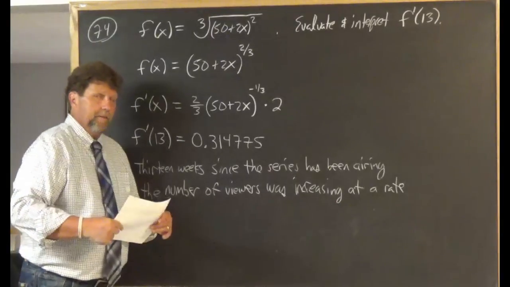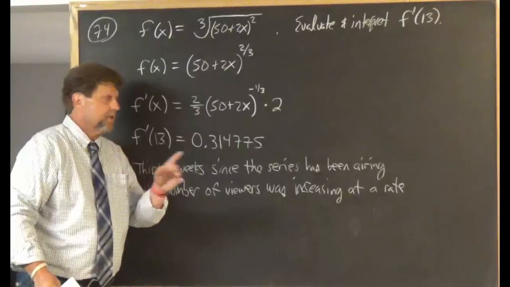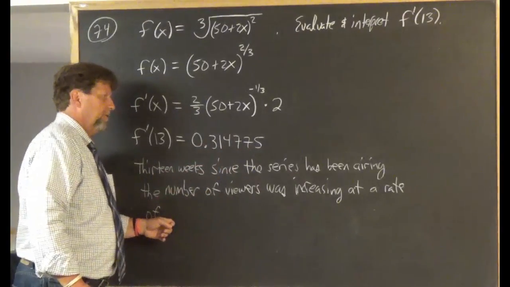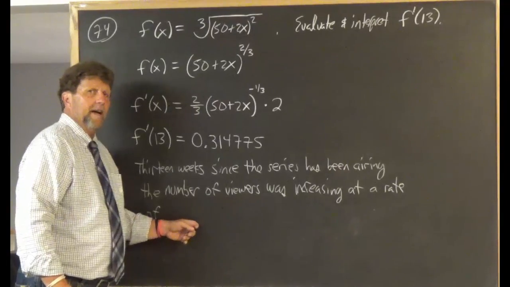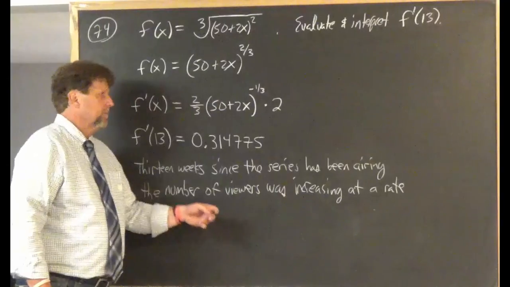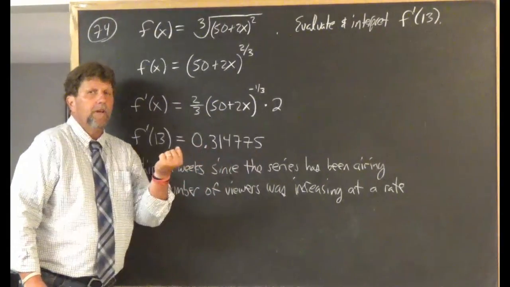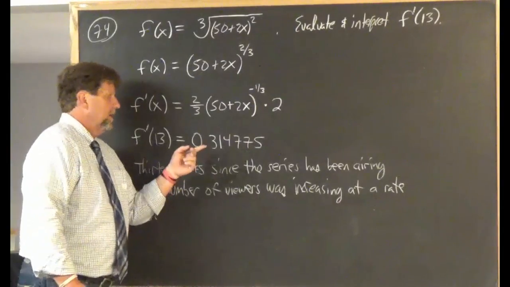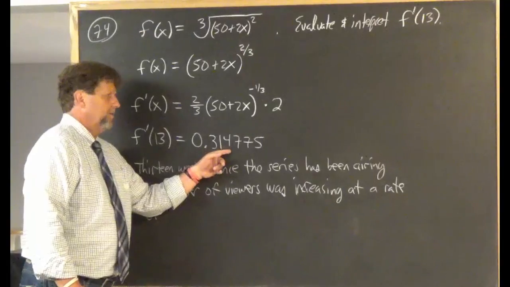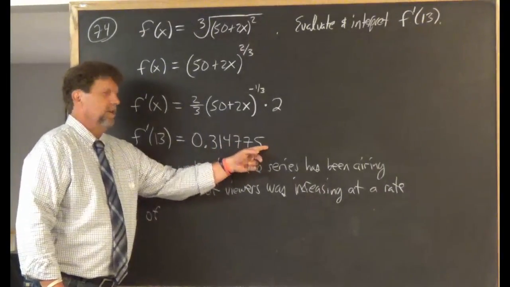okay, now here's where you have to make a decision. You either write this number down, remember that's in millions, so you'd say 0.314775 million viewers per week, or you convert this to an actual number. Since it's in millions, you could multiply by 10, 100, 1,000, 10,000, 100,000, million.